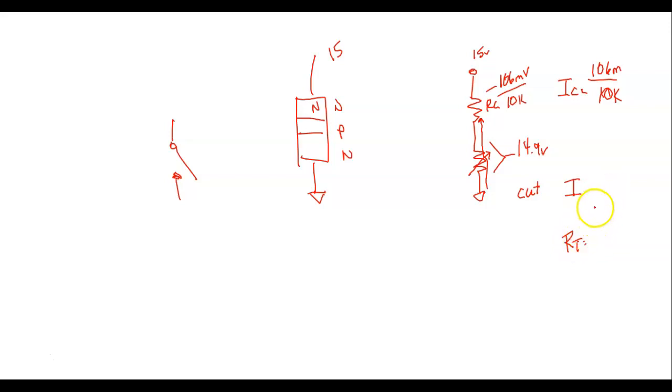R is equal to V over I, right? So that's 14.9 volts divided by 106 micro. So what would be the actual resistance of the transistor right now when it's cut off?